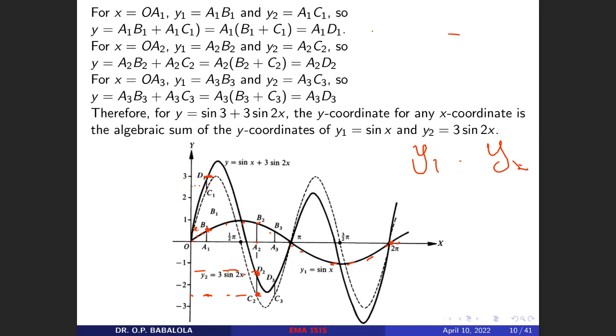Now, we want to look for y, which is the sum of y1 and y2, all right? And how do we do that from our sketch?